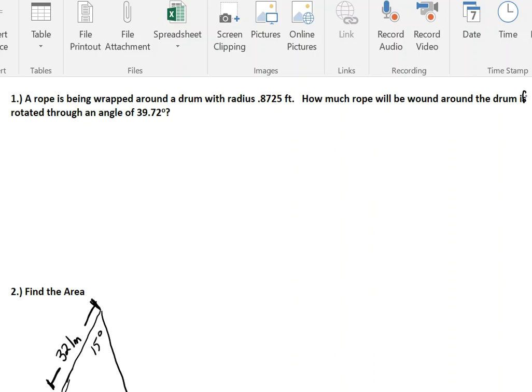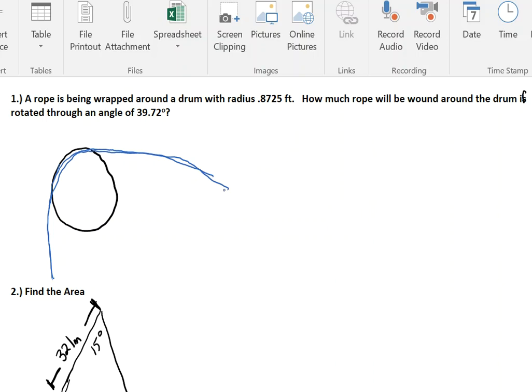So to kind of visualize this, and if you see this with chains and gears and wheels and all that sort of thing, this happens actually quite a bit. So if you have a barrel or a drum, and what happens is you have a rope that's going around a portion. So you can kind of see this rope being turned through this.